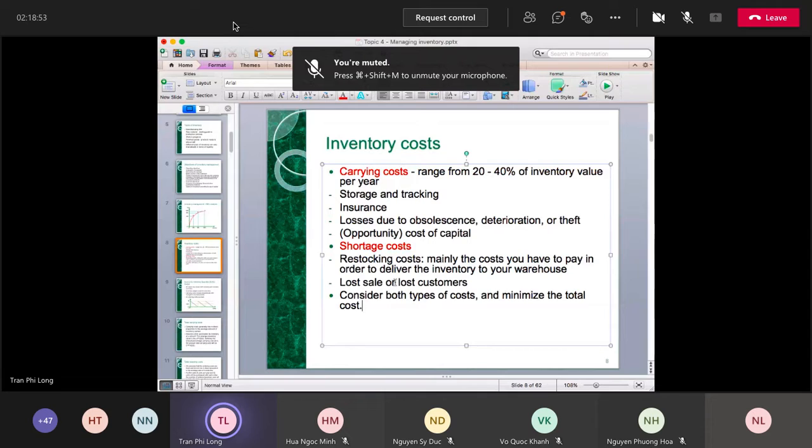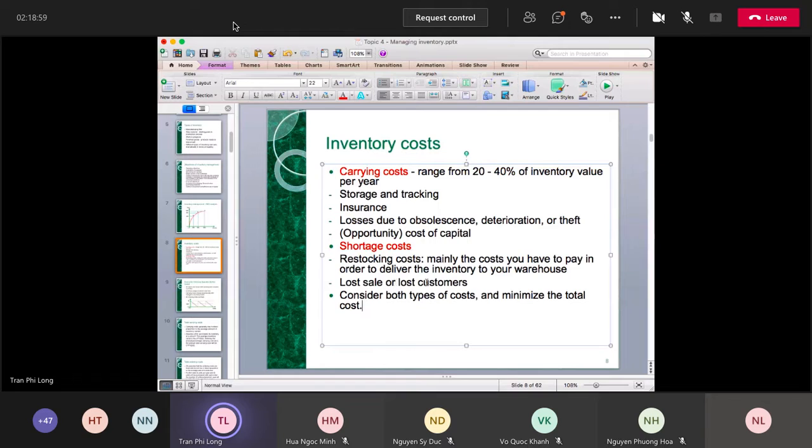So when you manage the inventory, you have to manage the inventory cost. The inventory cost equals the total of carrying cost and shortage cost, and you have to find the optimal level of inventory in order to minimize the total cost. You can have a small note here. The carrying cost will increase when you store a high level of inventory.